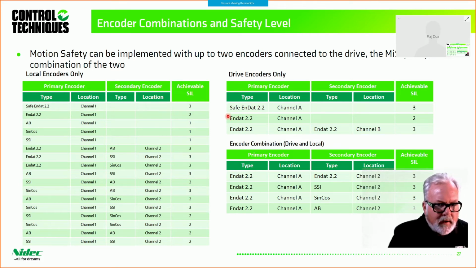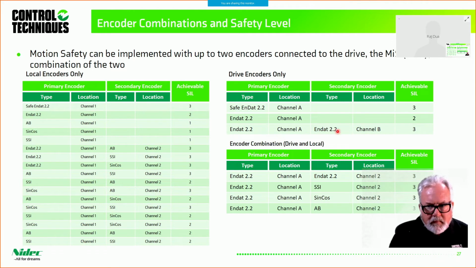So rather than having a second encoder as the source for my safety setup, if I use the correct encoder, which is either a safe NDAT 2.2 or a standard NDAT 2.2, which is what I have, I'm able to sample or snoop these without the need for a secondary encoder.